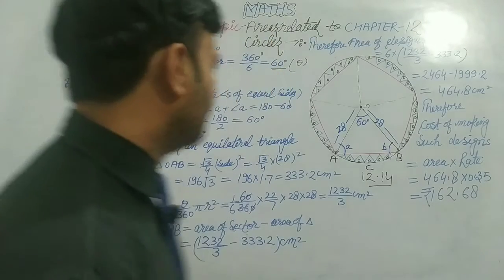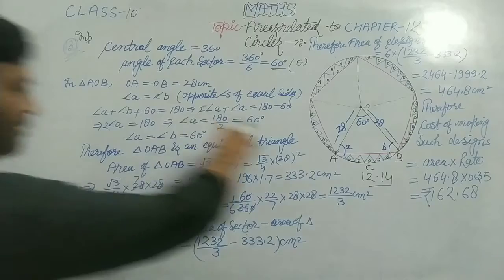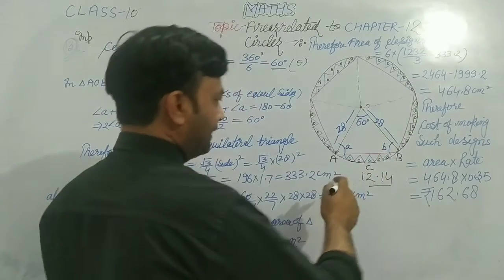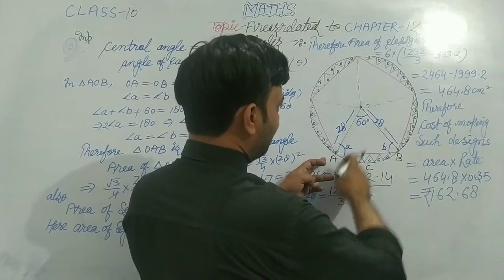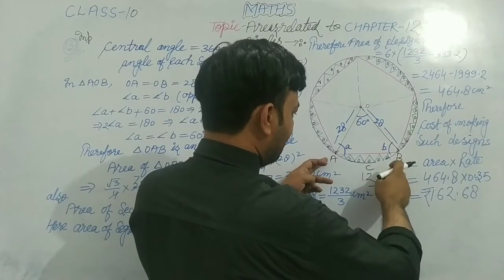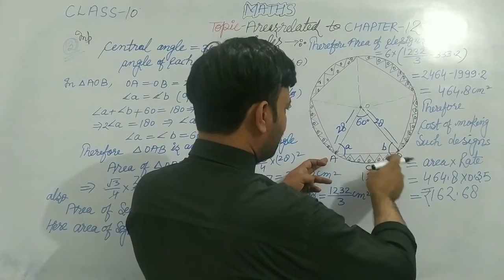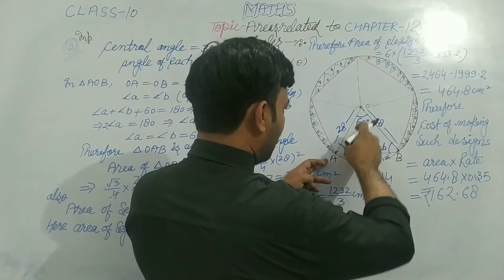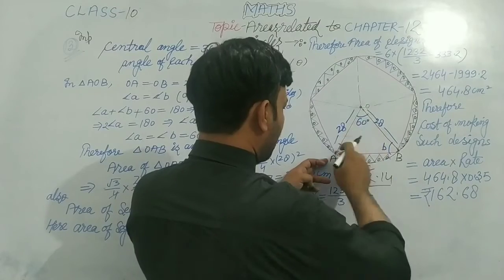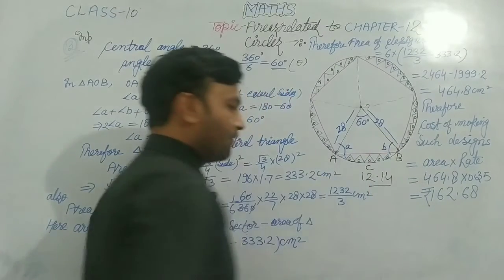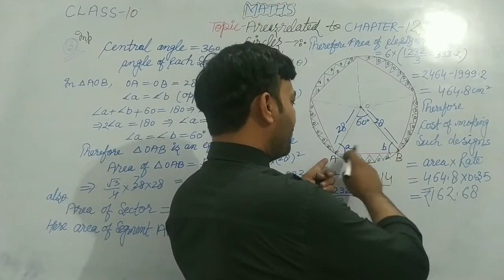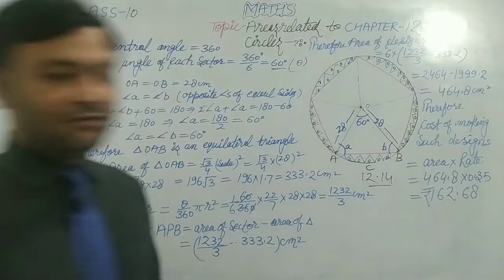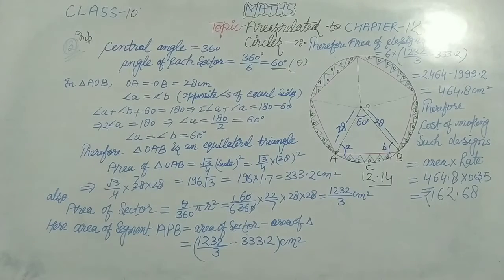Now if we need to find the segment ACB, what should we do? We subtract the area of triangle OAB from the area of sector, then we can easily find ACB. ACB is a segment, and it is one design.